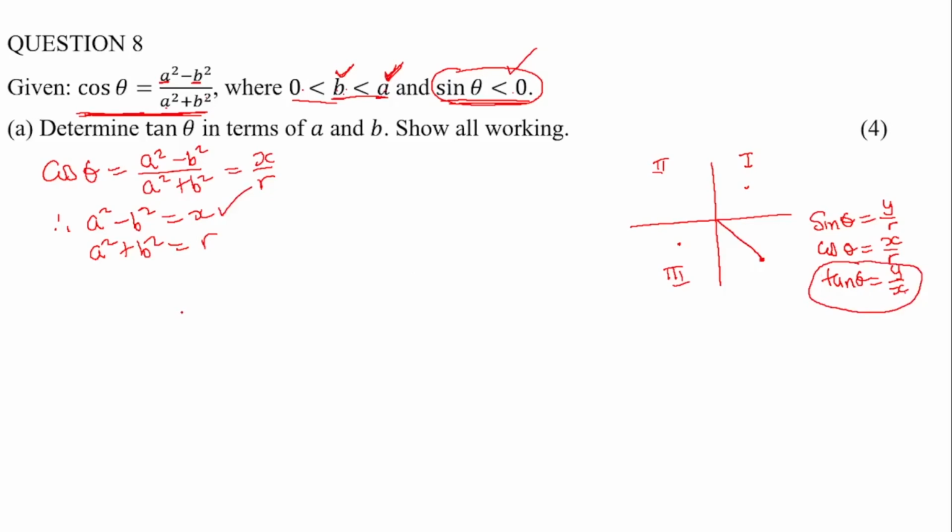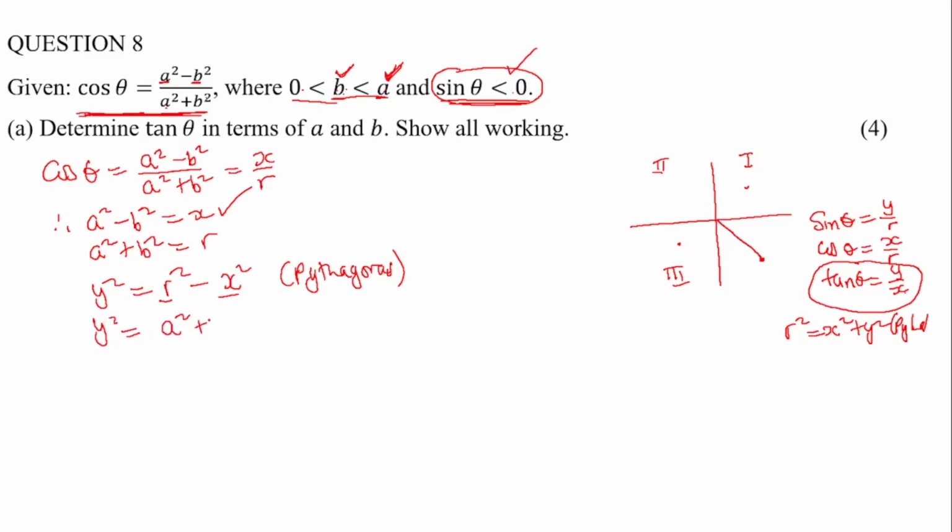We're going to use the Pythagoras theorem. Remember that r squared is equal to x squared plus y squared. Here we can say y squared is equal to r squared minus x squared. So y squared is equal to a squared plus b squared, all squared, minus a squared minus b squared, all squared.